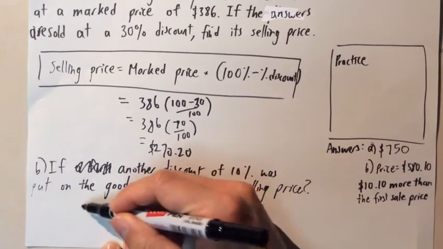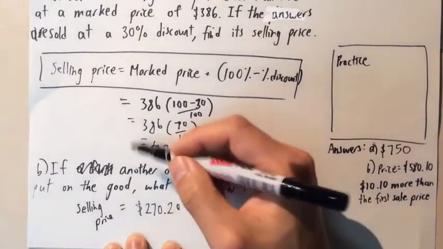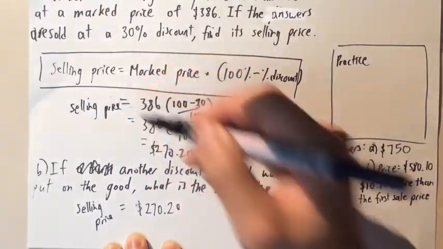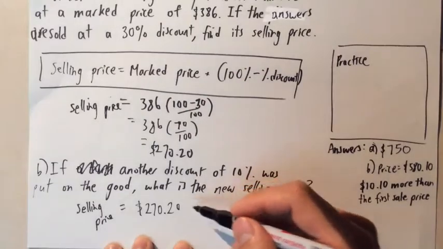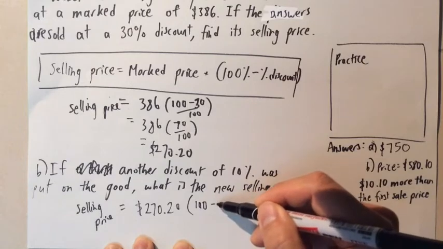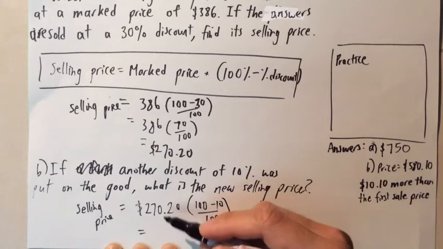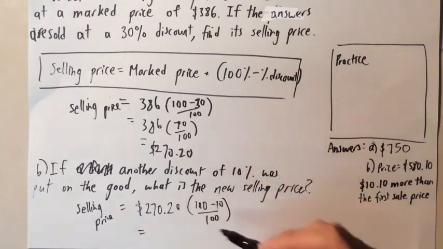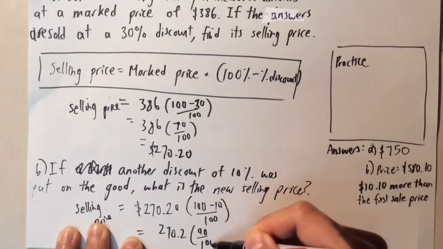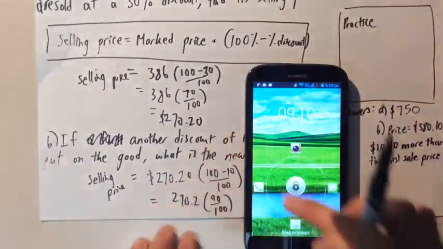So the sale price, or the selling price, rather, in our original question, is $270.20 times 100 minus 10 all over 100. So that just gives us 270.2 times 90 divided by 100. And our answer should be, again, let's take out our calculator.